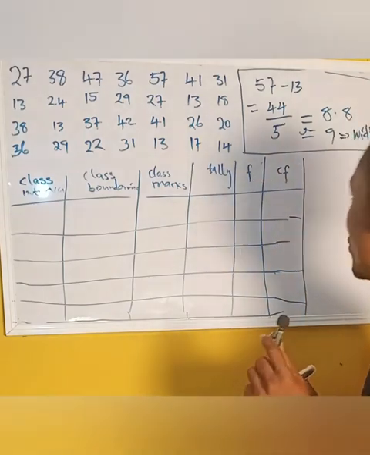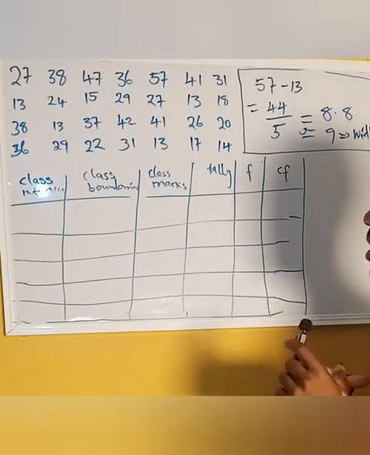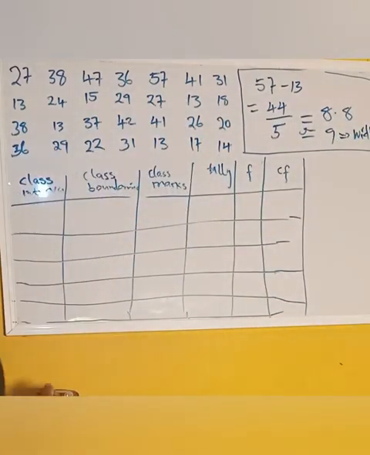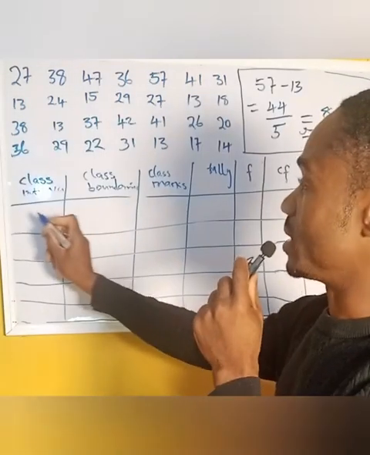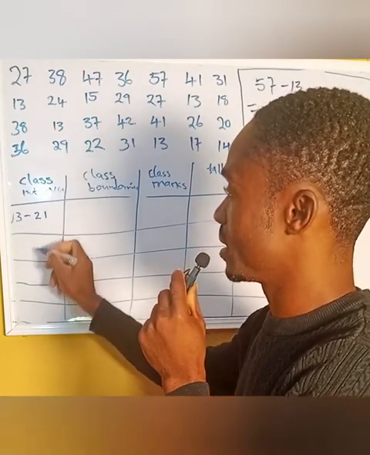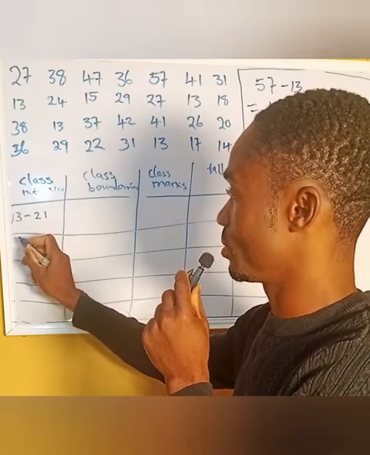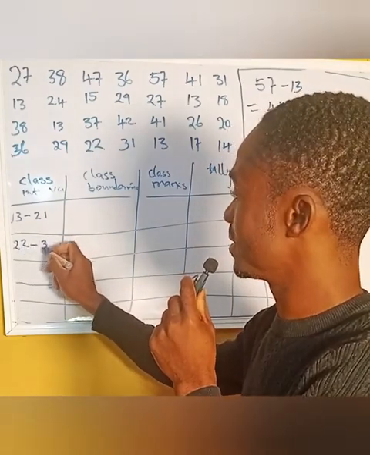How do you construct your class interval with this width? You start with the lowest, which is 13. So 13 to 21. Then you start from 22, 22 to 30.